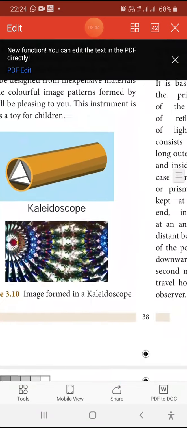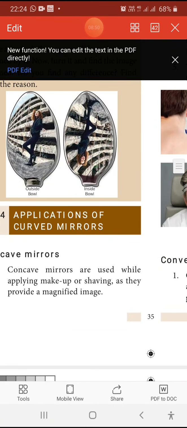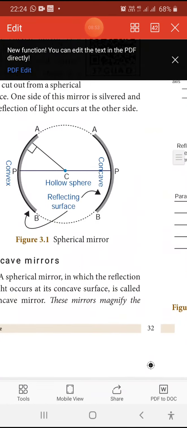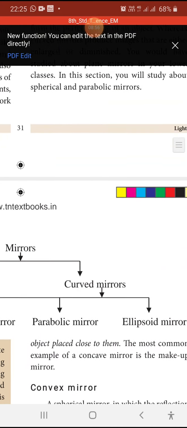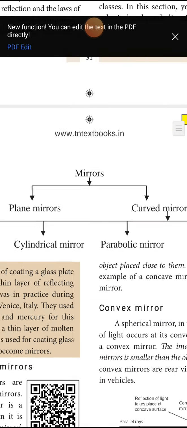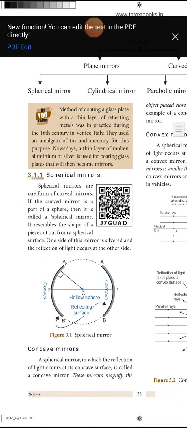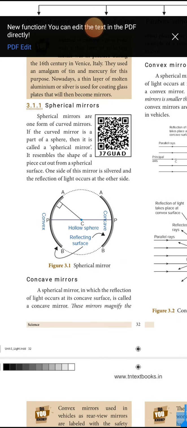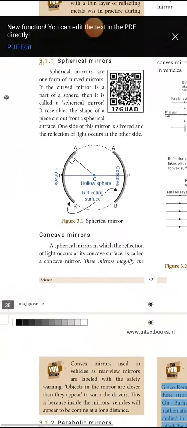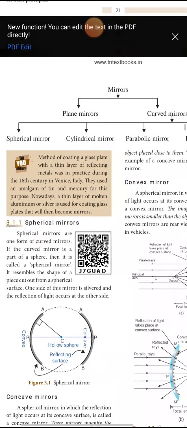The curved mirror is divided into four types: spherical, cylindrical, parabolic and ellipsoid mirror. First is the spherical mirror. The spherical mirror is once again divided into two types, that is concave mirror and convex mirror. We will see about the parabolic mirror in the next video.